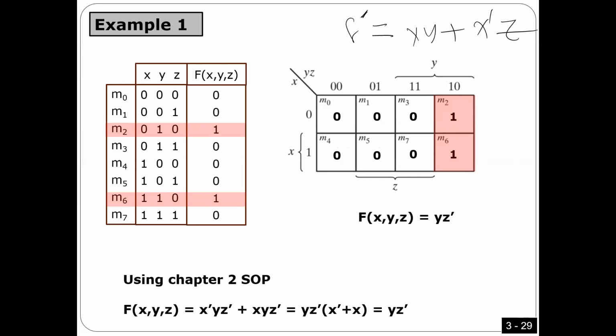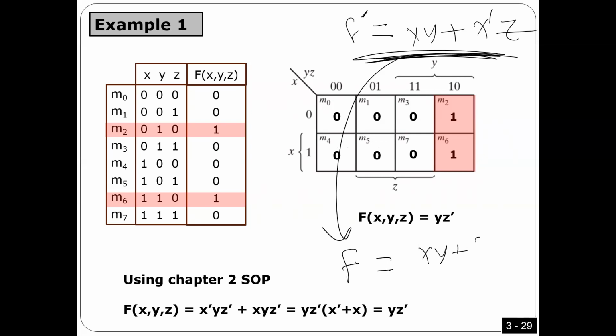But wait a second, man. I want to get f, not f prime, in product of sum format. Yeah, that is why De Morgan is going to help me. So De Morgan told me, if you have f prime this way, and you take De Morgan, f should equal (xy or x prime z) bar, or prime. Don't be confused, bar or prime. Is that okay?